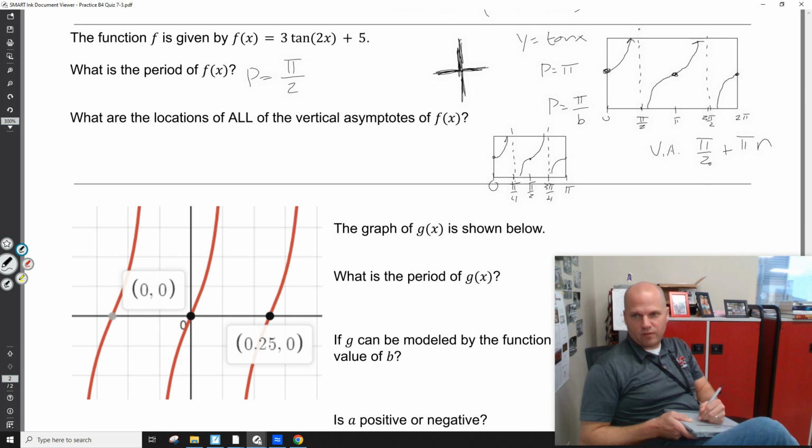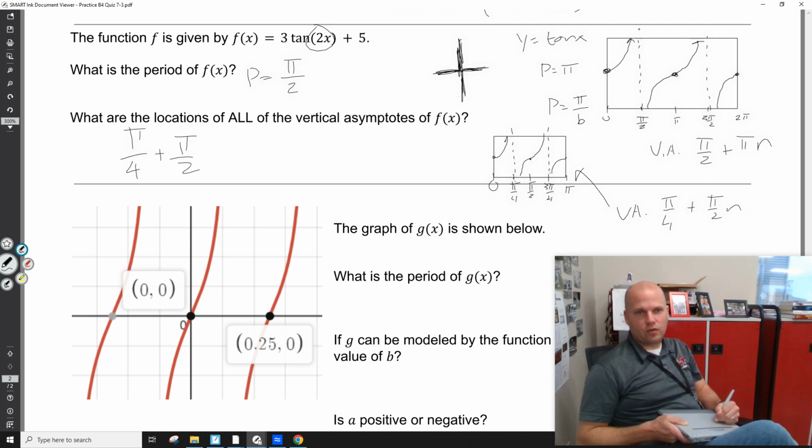So all of my verticals would be listed off as that. Horizontal dilation of 2. Take all of this and divide it by 2. You'll get your vertical asymptotes of this. What does that look like? Well, for this equation, take this and divide it by 2. It becomes pi over 4. Take this divided by 2, it becomes pi over 2n. Pi over 4 plus pi over 2n.